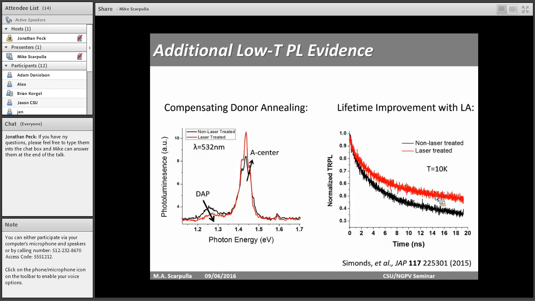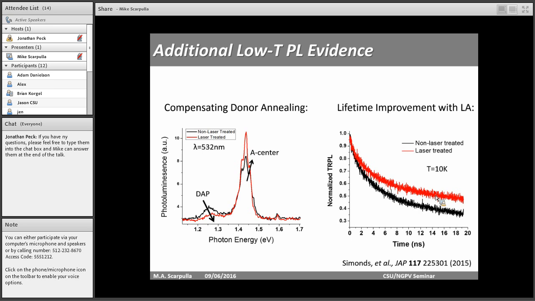So we then also did some low temperature photoluminescence, shown on the left. The sample in our setup sits around 13 Kelvin, measured on the cadmium telluride surface itself.